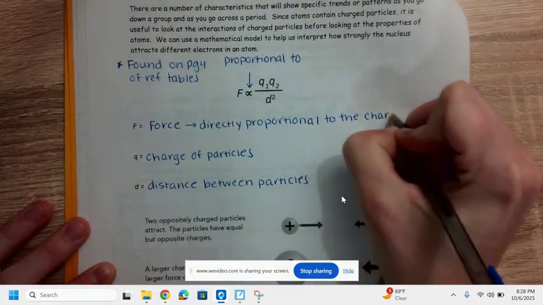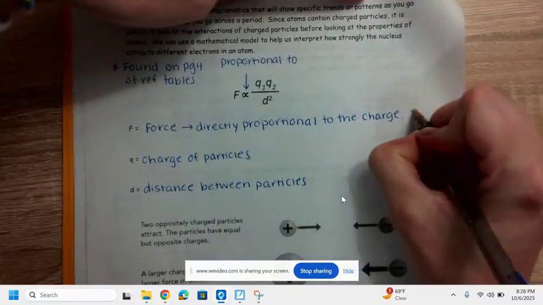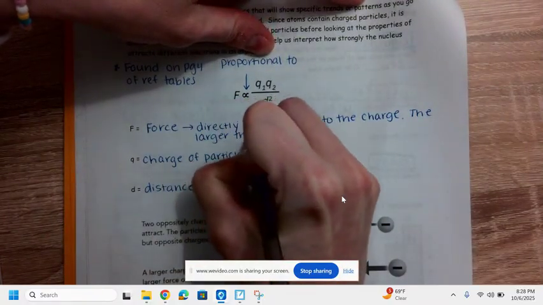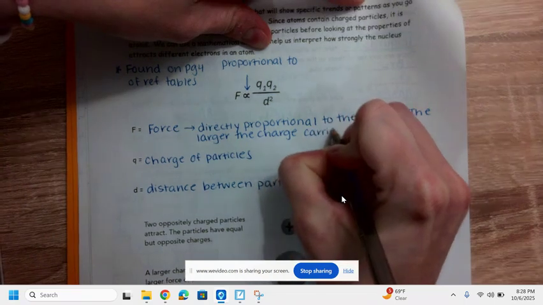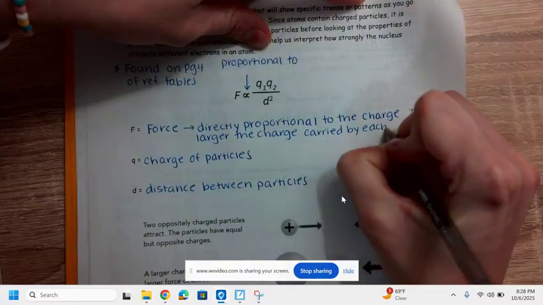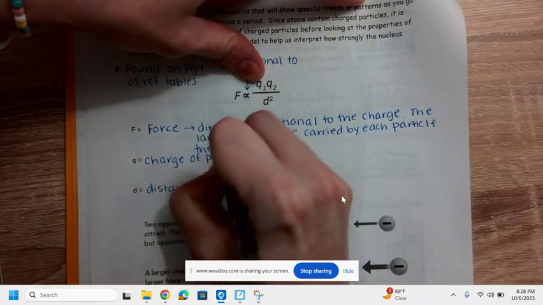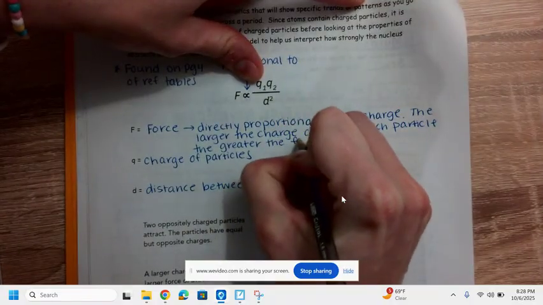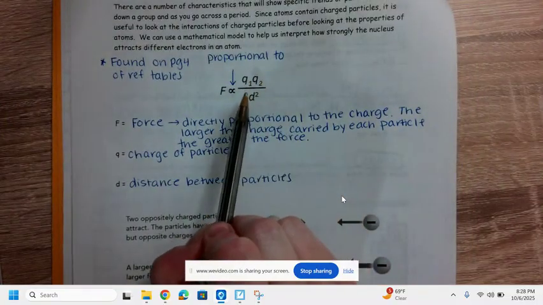So what does directly proportional to the charge mean? Well, that means the larger the charge carried by each particle, the greater the force. So notice, that's why Q1 and Q2 are in the numerator.